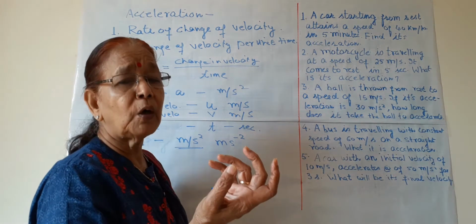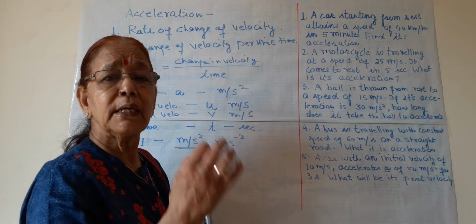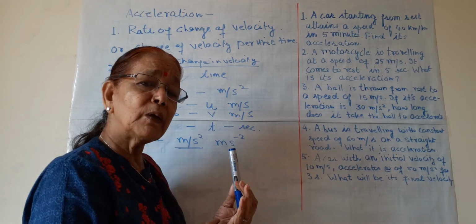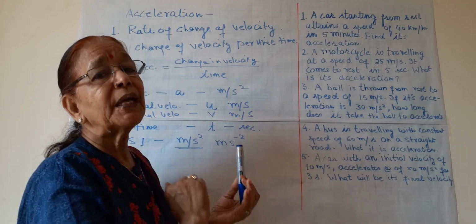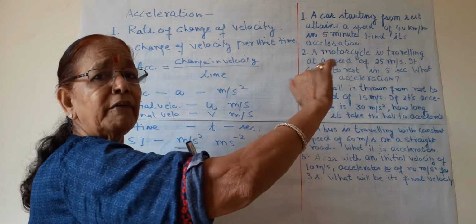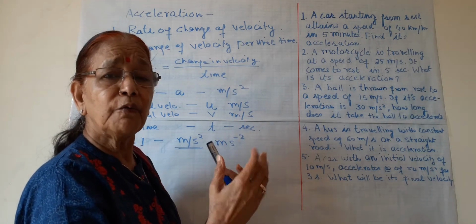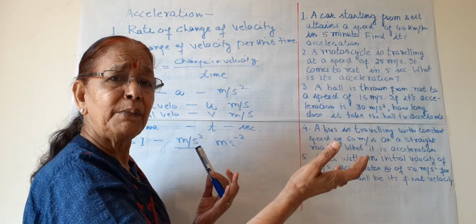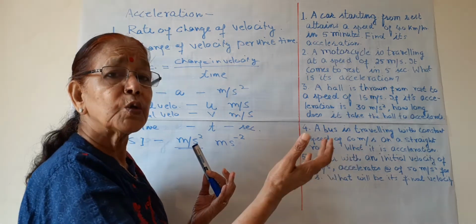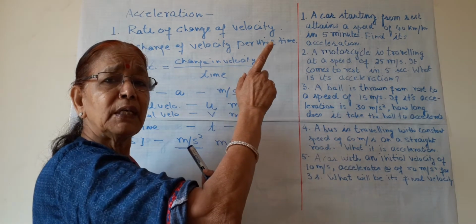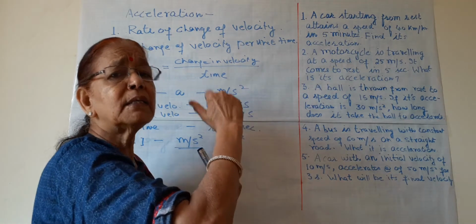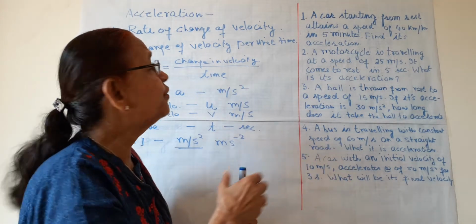When it is not moving, the speed or velocity is 0. In 3 seconds, it travelled about 5 meters or 10 meters. So what will be the final velocity? And what will be the change in velocity? 5 meters minus 0 will be the change.